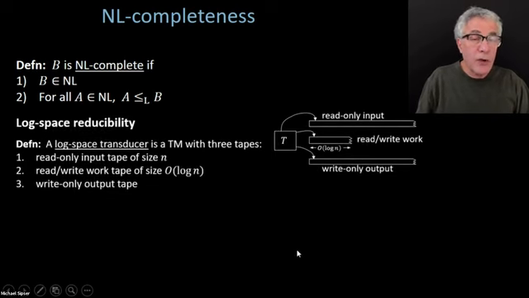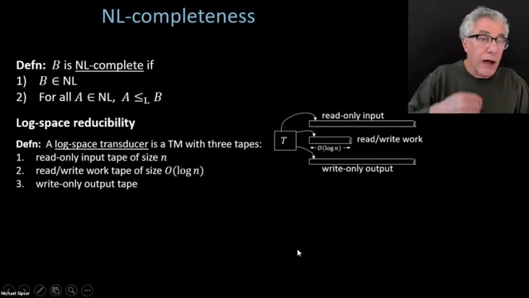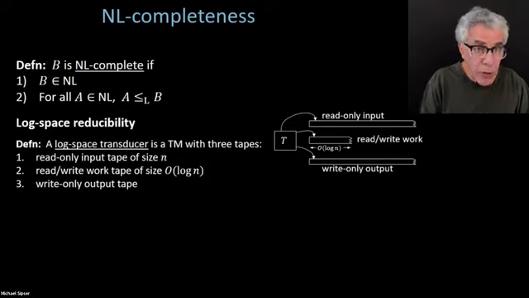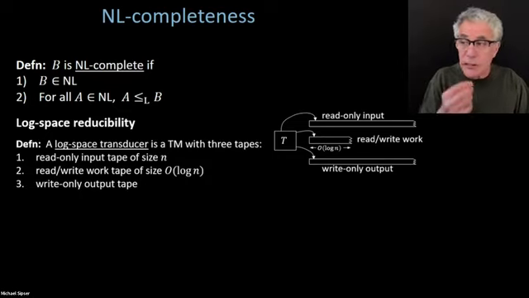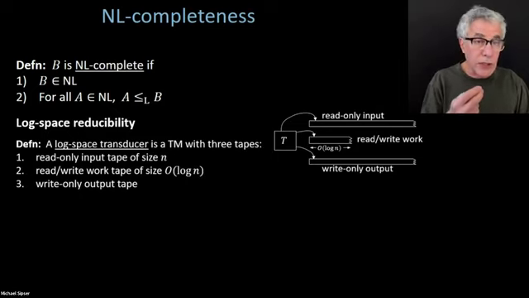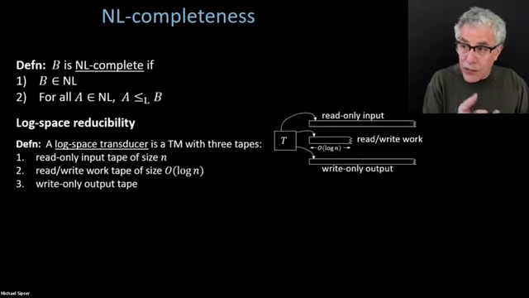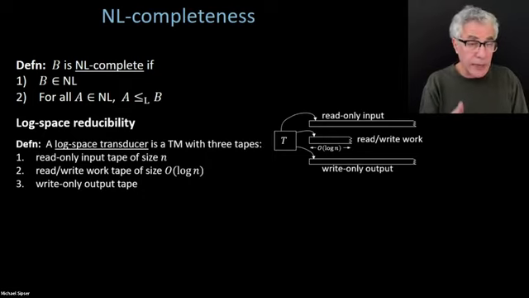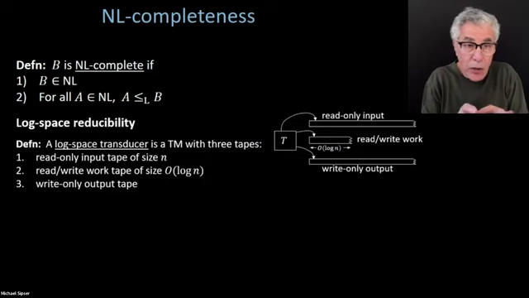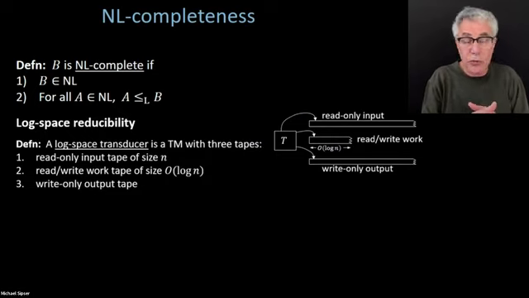For that, we're going to have to talk about the notion of a function that you can compute in log space. It's a little tricky here. Just like when we talked about language recognition in log space, where the work tape had to be smaller than the input tape, because the inputs can be large and the work area is small, now the output also could be large relative to the work area.